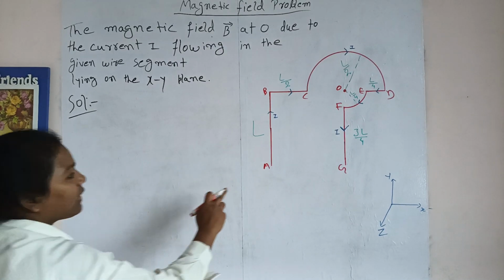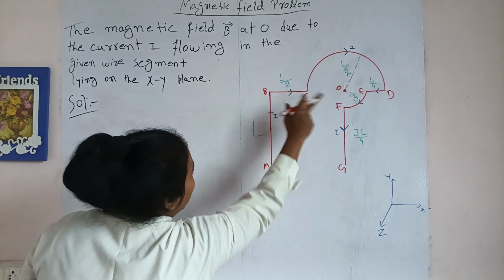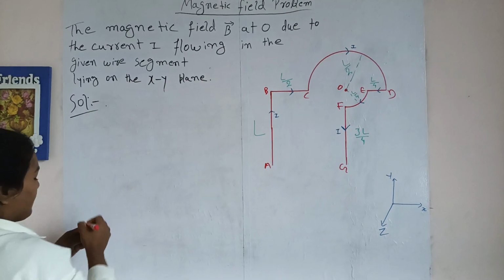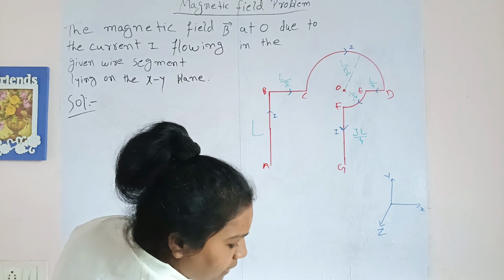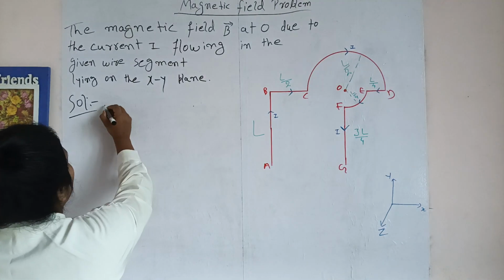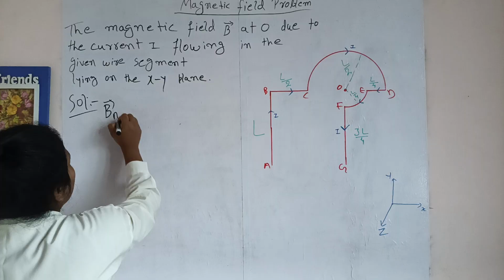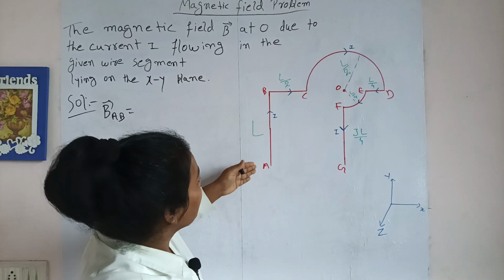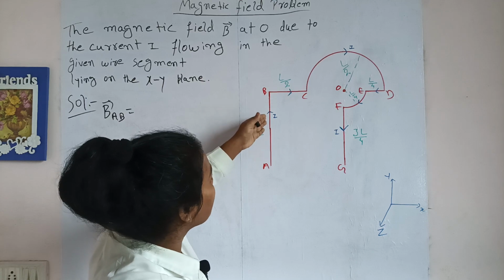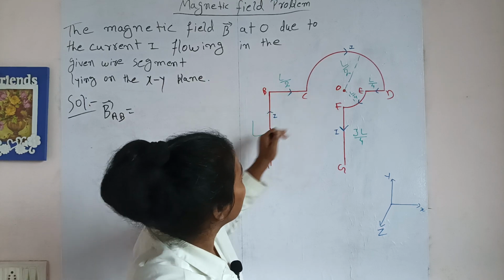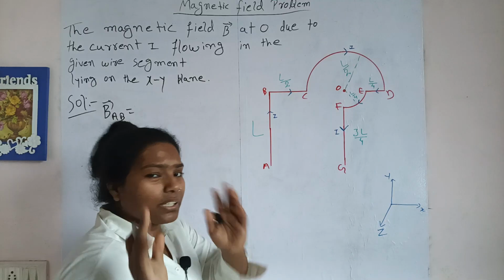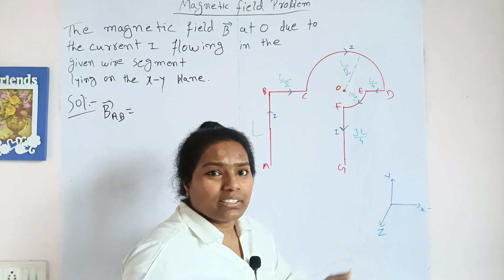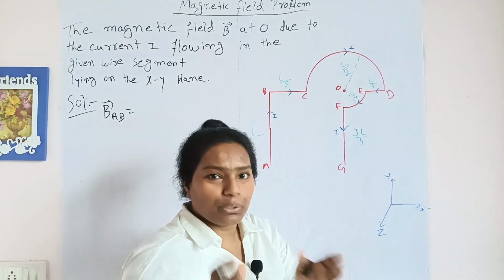First, the magnetic field due to AB at point O. As we know, this is a straight current-carrying wire, and point O is at a perpendicular distance from it. We'll use the resultant derived from the Biot-Savart law.